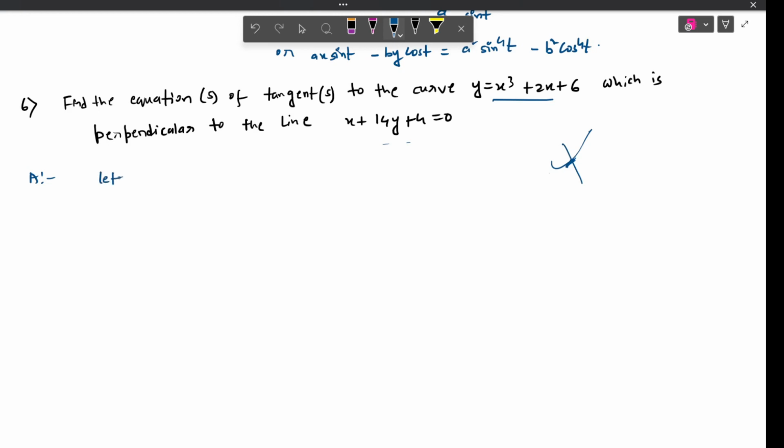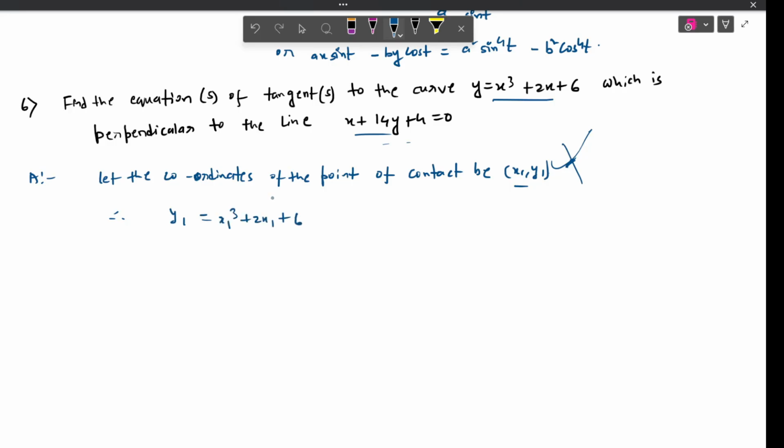So let the coordinates of the point of contact be x1 comma y1. This point should lie on the curve, so we can say y1 equals x1 cube plus 2x1 plus 6.